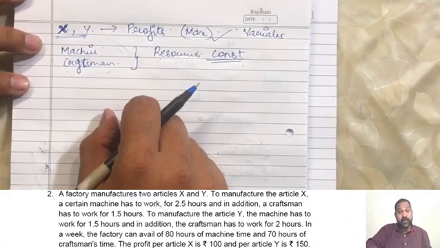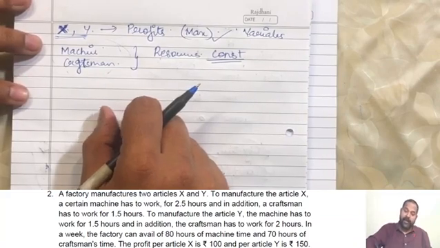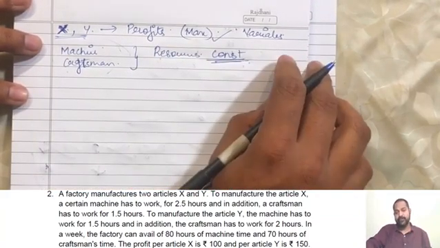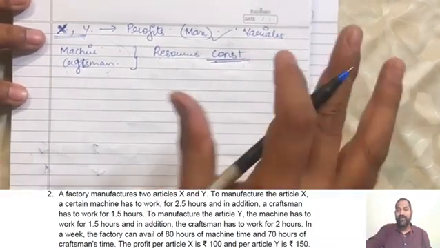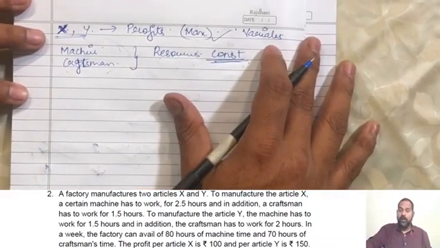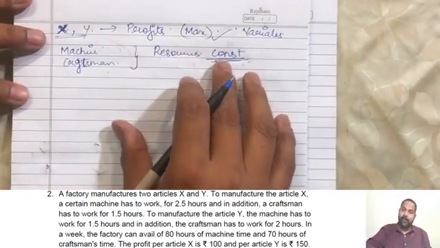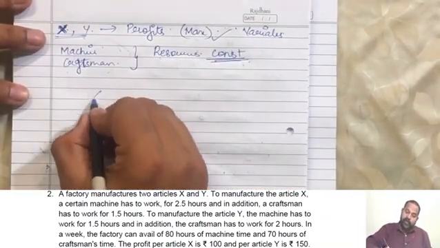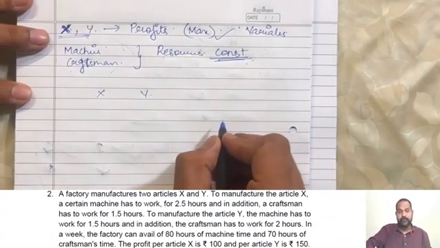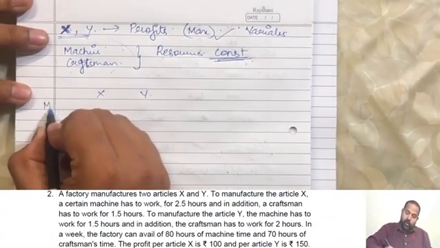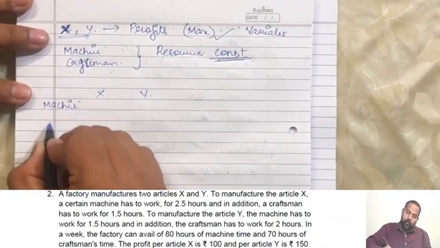And that is why the machine and the craftsman time become my constraint. Once you have identified your variables and your constraints, the next step is write down your variables horizontally and write down your constraints vertically.